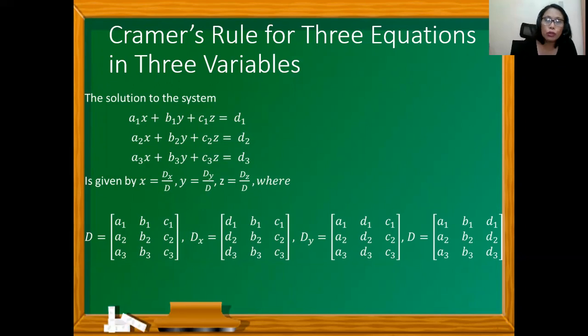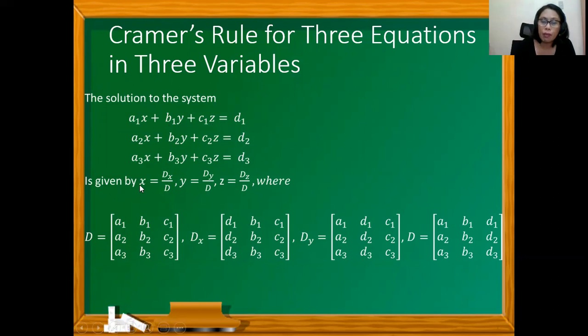And the solution to the system defined by the three equations here, where A, B, C are the coefficients of the unknown variables x, y, z respectively, and D are the constant terms.